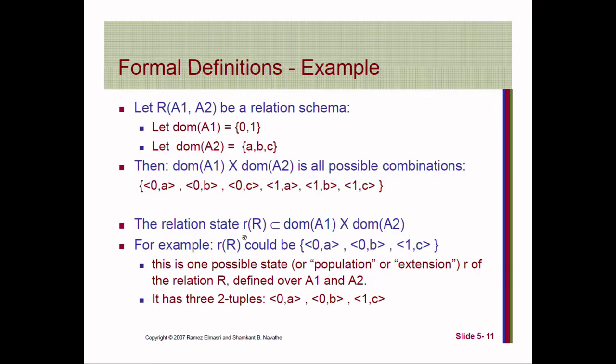So therefore, we can say that the relation state small r of the relation capital R is a subset of this set. And what is this set? This set is simply the Cartesian product of the domains of A1 and A2. Correct?